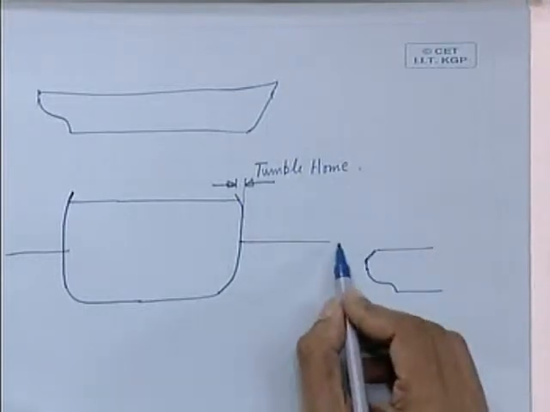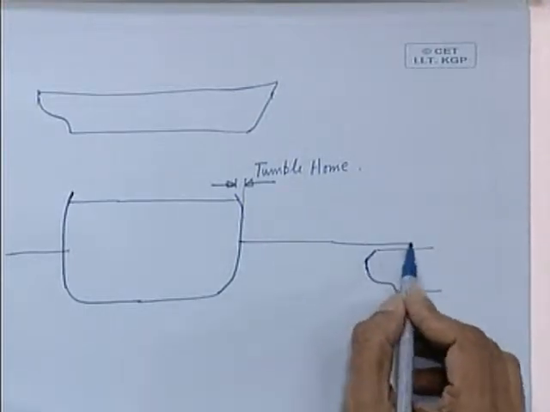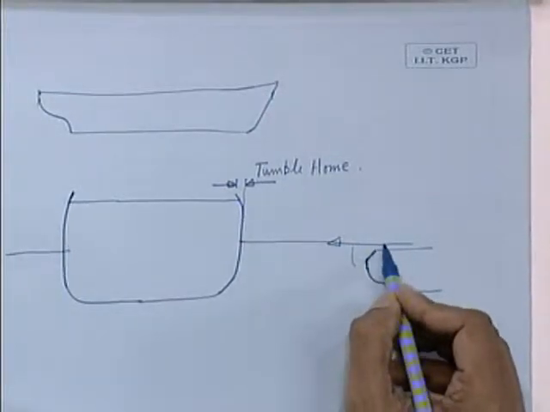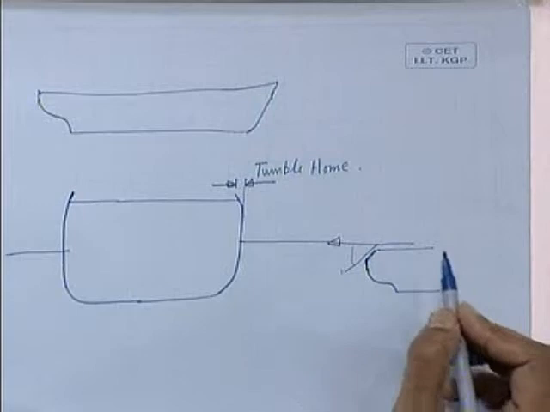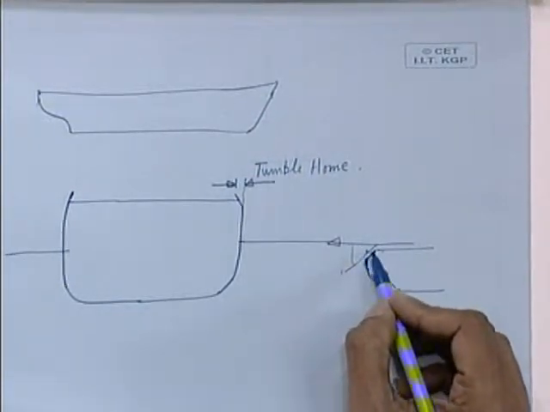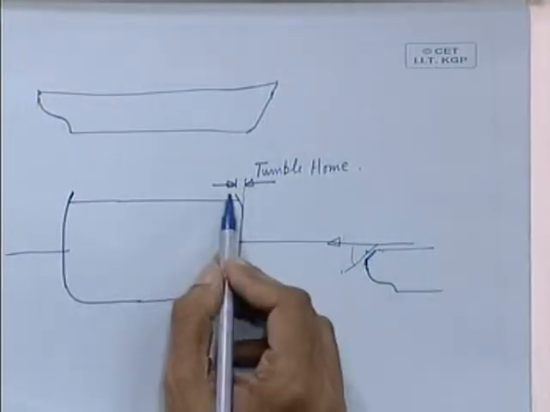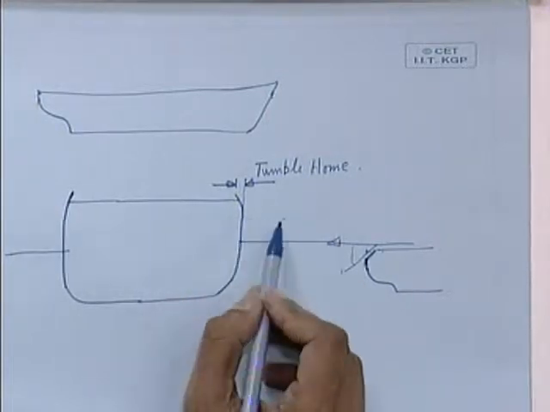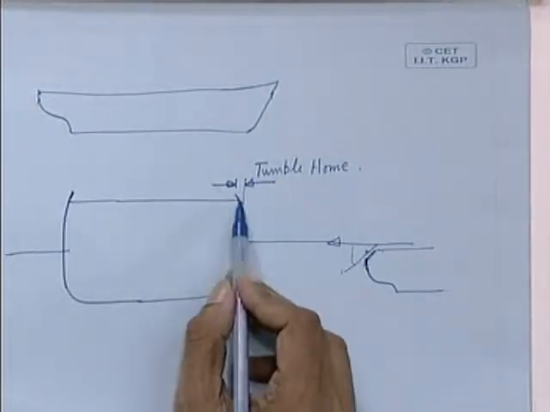Because the tow rope that is coming or towing the vessel is likely to go down below the deck like this. Now, if you have a very sharp deck edge like this, it might tear off the rope. So these tumble homes are normally given for drawing in your mooring lines or your ropes, etc. They are called tumble home.